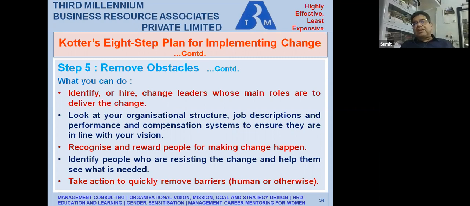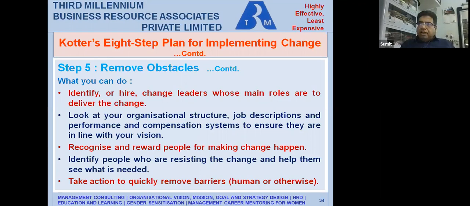Because an outside OD consultant, we discussed this in the early classes, they do not have any axe to grind within the hierarchy of the organization. They only want their professional fee to be paid properly and a good word-of-mouth publicity for them so that they can get their next assignment based on their competence. So hiring external people always add value.